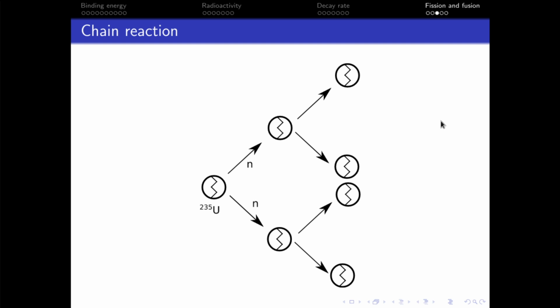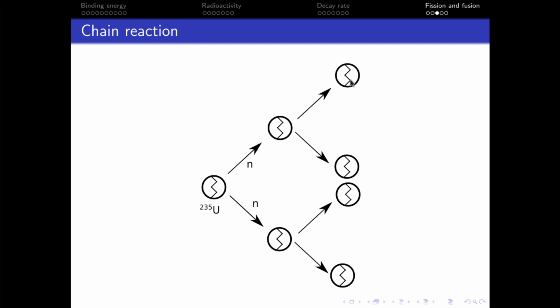In a reactor, the principle is the same, except we don't want it to explode. So we keep this reaction under control by absorbing some of the neutrons. So if for instance this nucleus, whenever it breaks apart, releases a few neutrons, we try to absorb most of them so that, on average, only one of the neutrons that is sent out is not absorbed and can break one other nucleus, which sends some other neutrons.